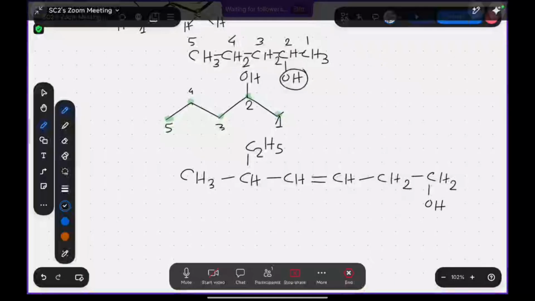Suppose this is the compound given to you and you are asked to represent the compound in terms of the bond line formula. Simply count the number of carbon atoms first. We are having 1, 2, 3, 4, 5, 6. Now see, write them first. 1, 2, 3.